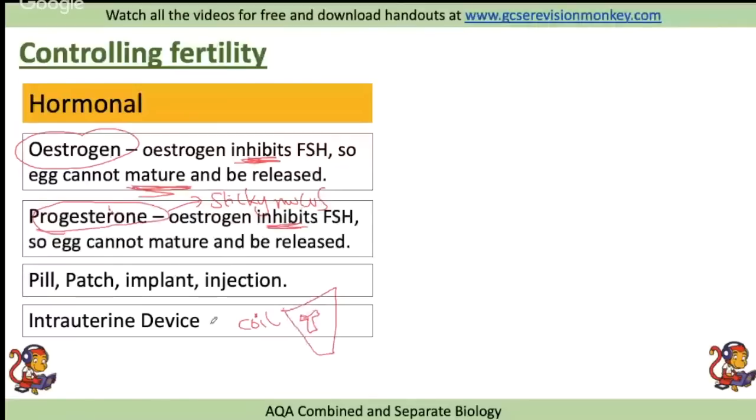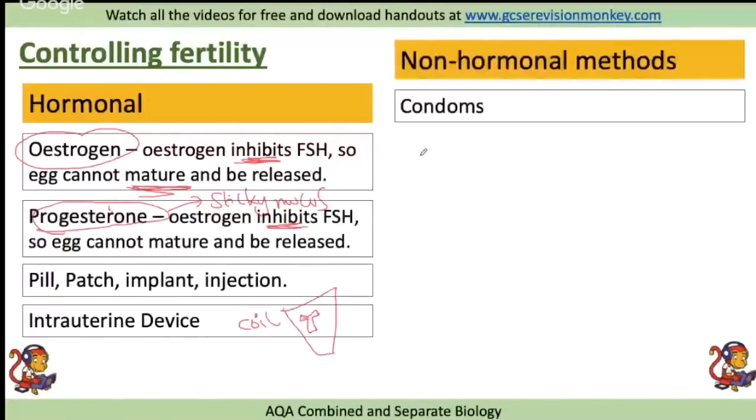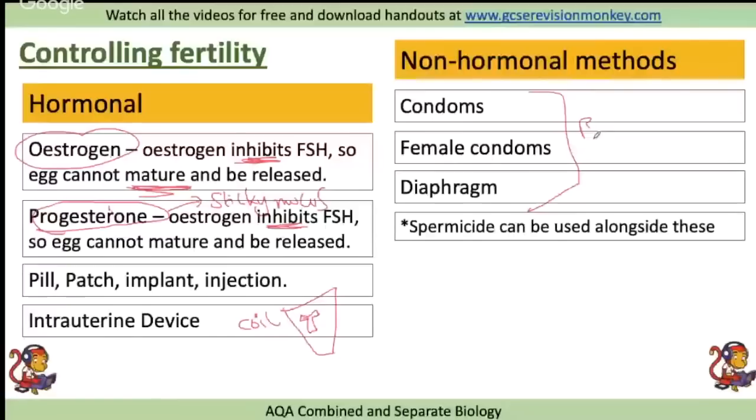Non-hormonal methods then, you've got barrier methods such as condoms, female condoms, and diaphragms. And these are otherwise known as barrier methods because they physically block the semen from going into the uterus. And alongside those, you can use spermicide to make sure you're getting the best contraception possible.